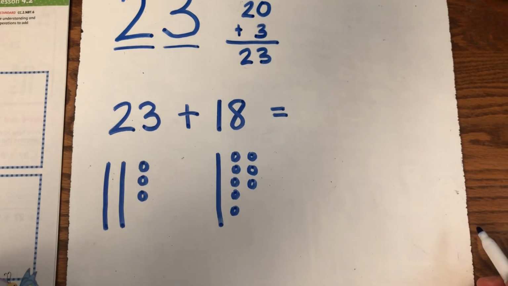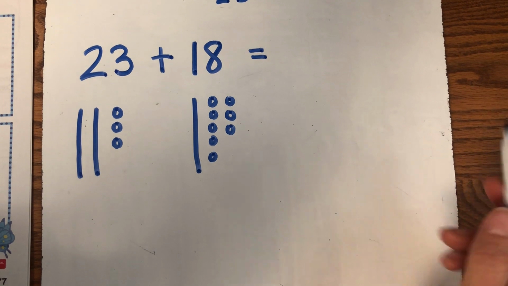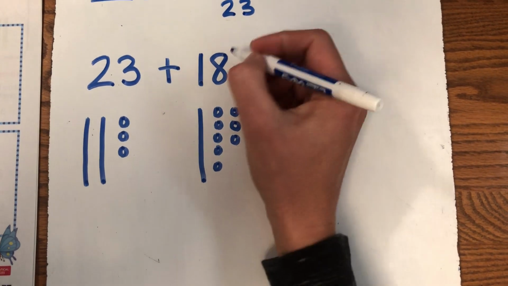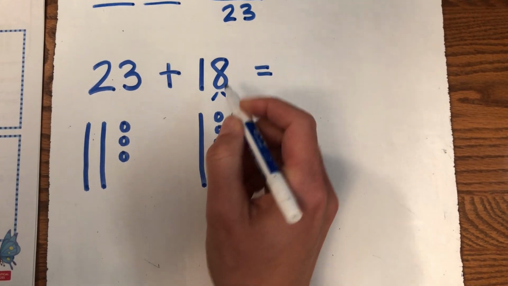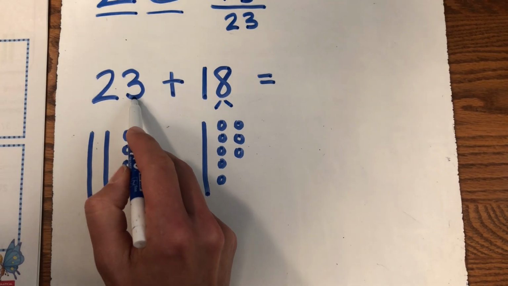Now we're going to make a 10. What can I break apart this 8 into to help me make this 3 into a 10?